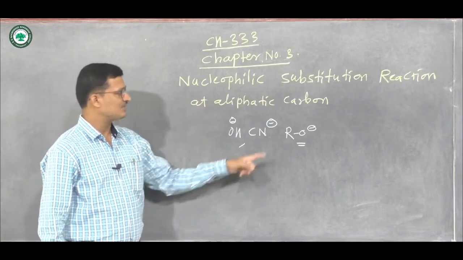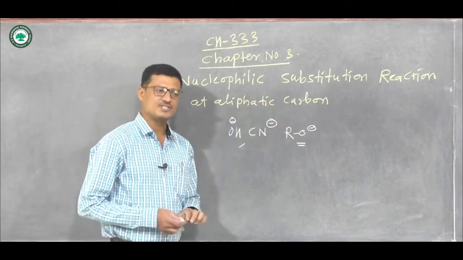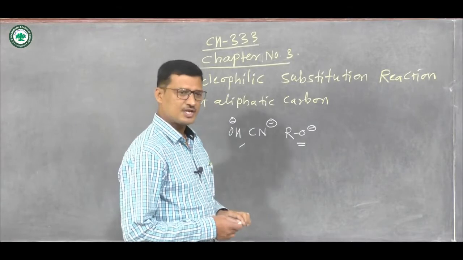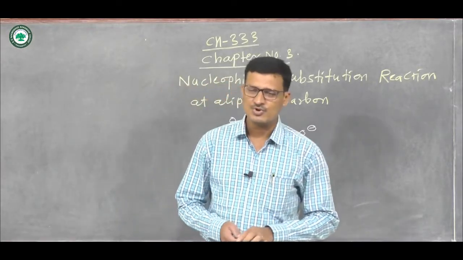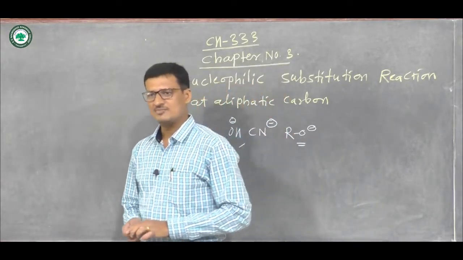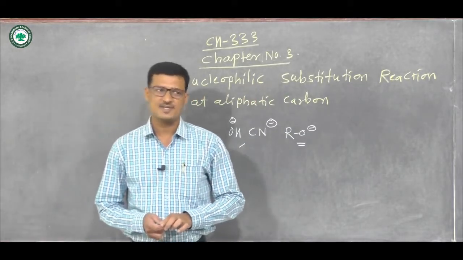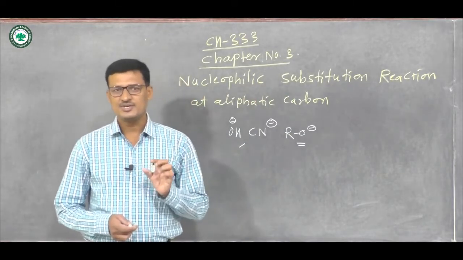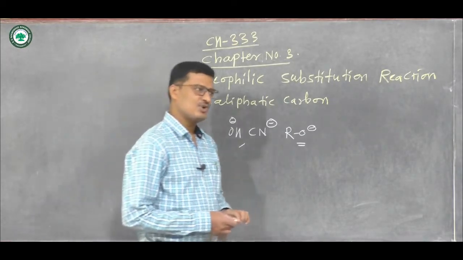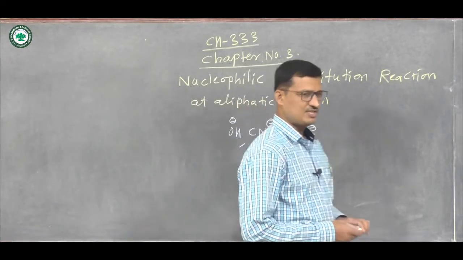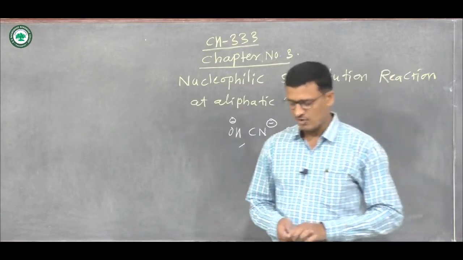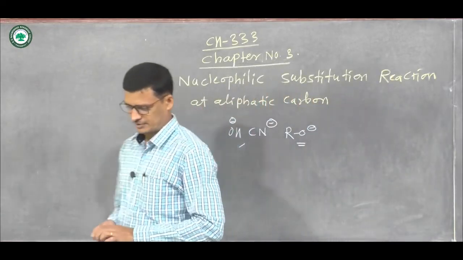So a substitution reaction is a reaction in which an atom or group of atoms is replaced from the reactant or substrate by the reagent's atoms or group of atoms. Such types of reactions are called substitution reactions.